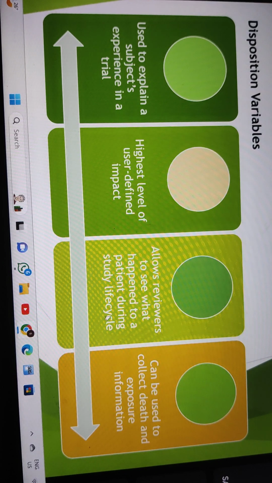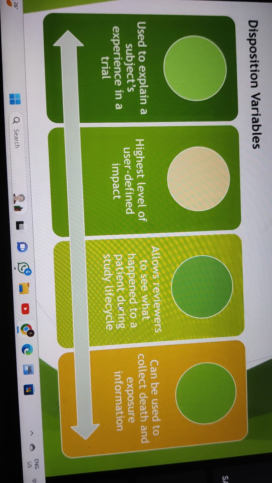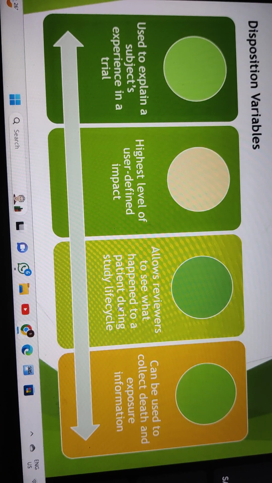If you want to see at the subject level, how each and every subject went through the study: when it was started, how they were randomized, how they took the drug, and when they completed, or when they terminated, or when they discontinued from the study. So it will explain that, particular subject-wise.